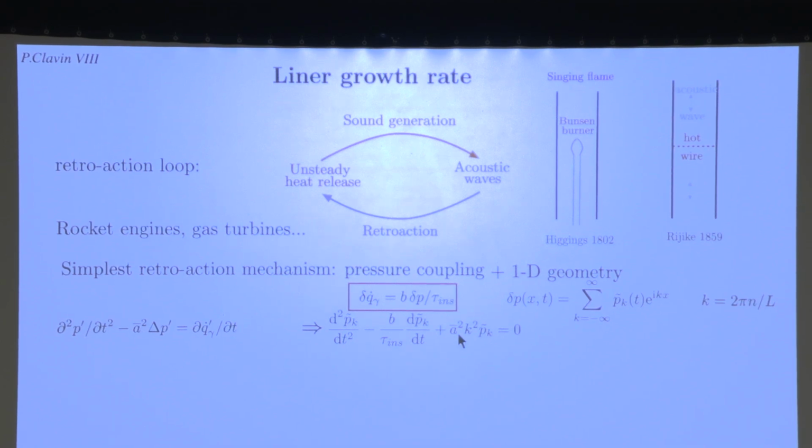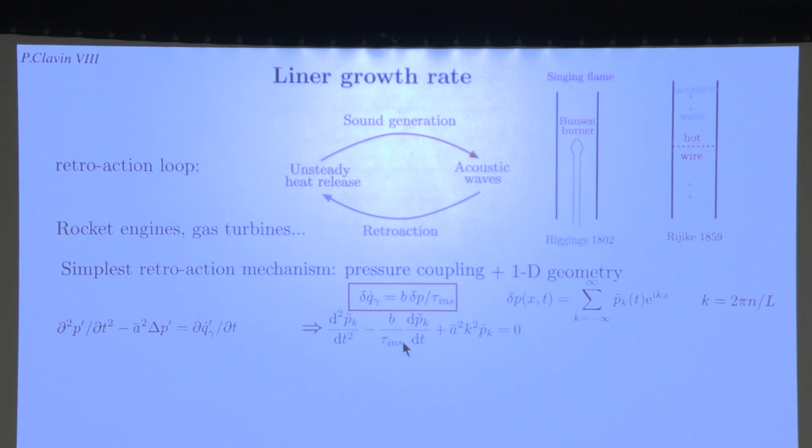So you obtain a very simple equation for each component of the Fourier transform, which is a second order differential equation, linear, with a first order term here.